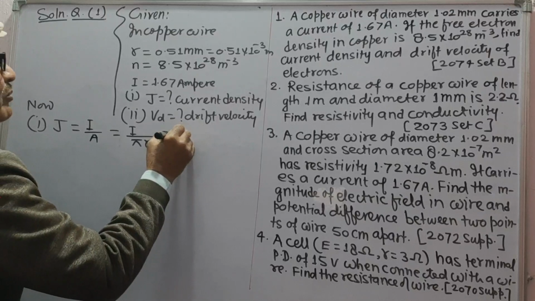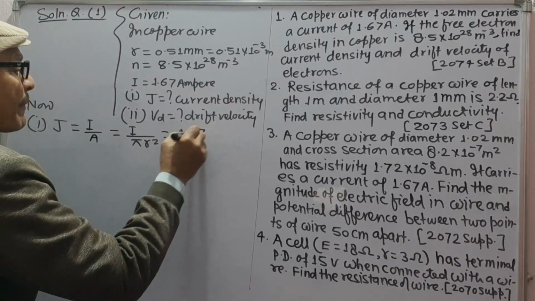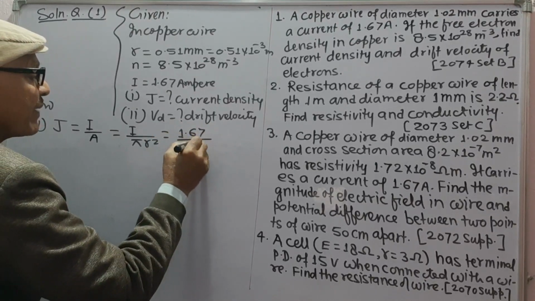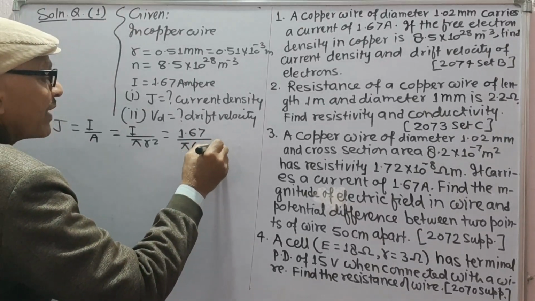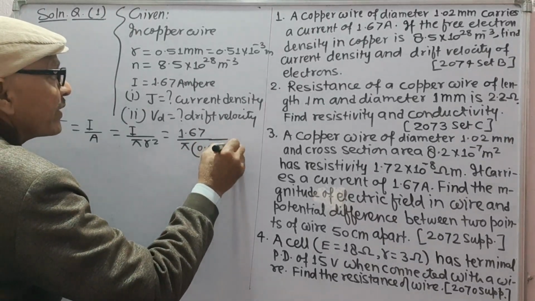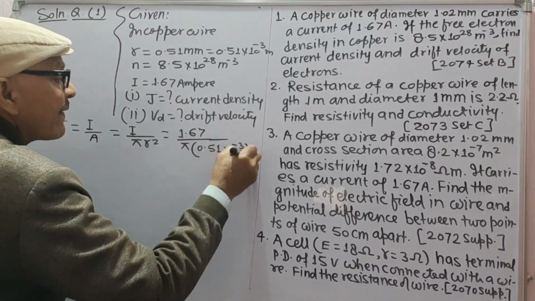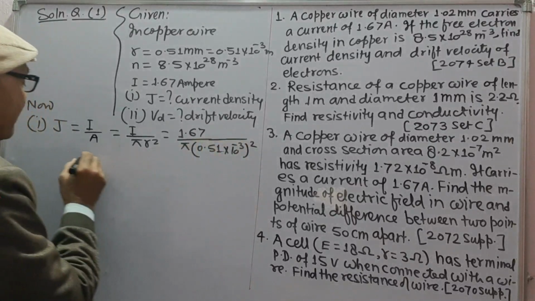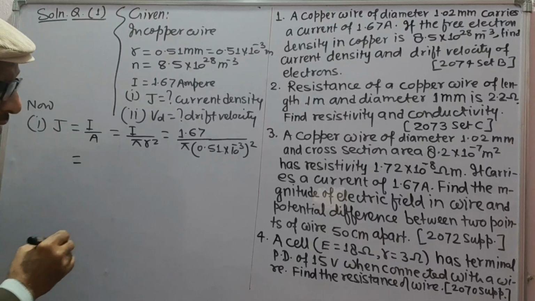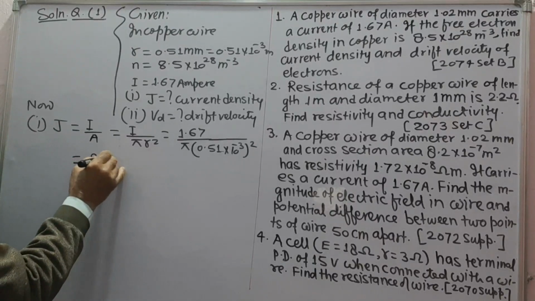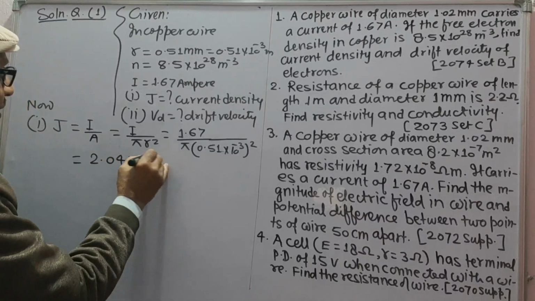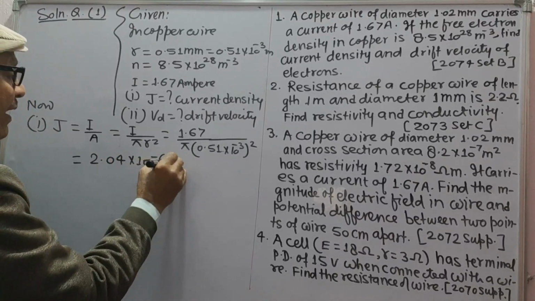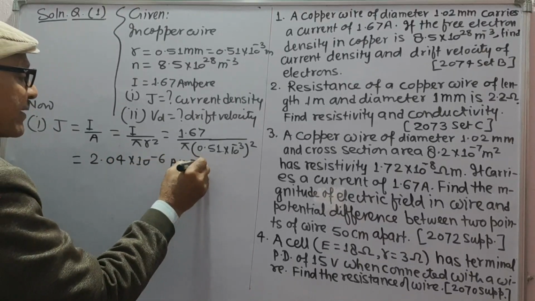I is given to be 1.67 ampere upon pi into 0.51 into 10 to minus 3 square, which gives a current density as 2.04 into 10 to power minus 6 ampere per meter square.